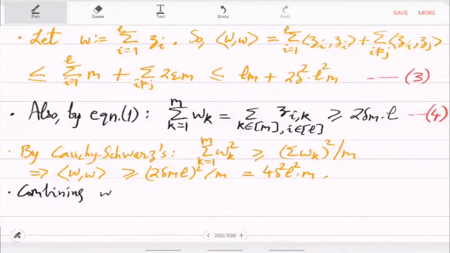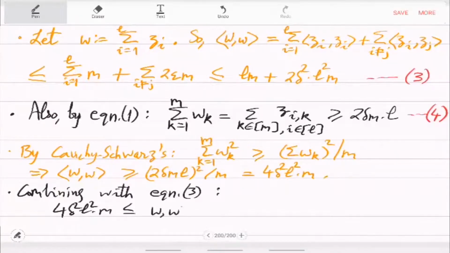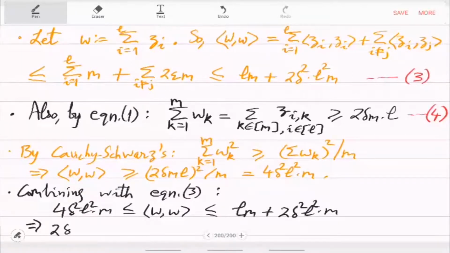So combining with equation 3 gives you that 4 delta square L square m is less than inner product W with itself, which is less than or equal to Lm plus 2 delta square L square m, which implies after some simplification you will get 2 delta square L less than or equal to 1.